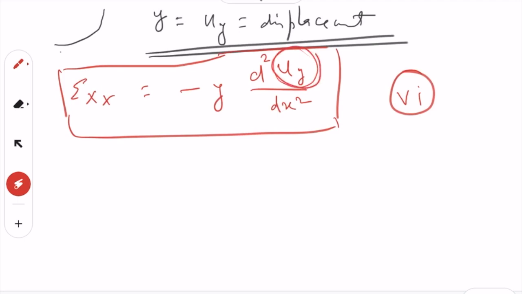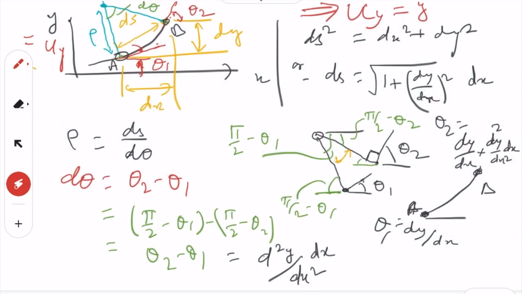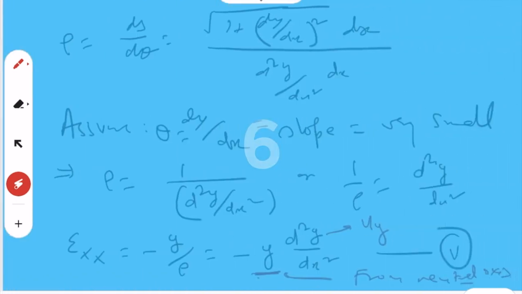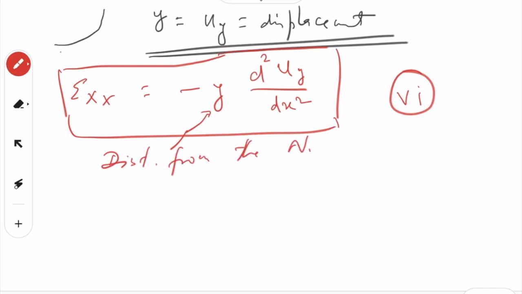Because the y in this derivation, whatever y we have from the start, is equal to uy only, so we have replaced that with uy. This y remains the same. This one is the distance from the neutral axis.